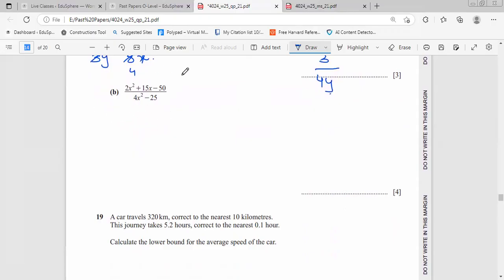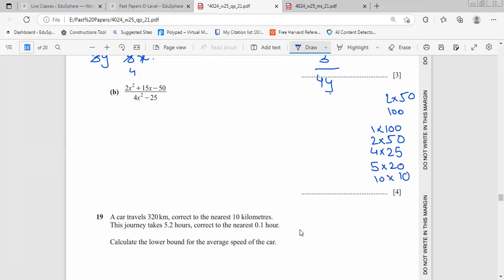So when I'm factorizing, 2 times 50 is 100, so I have to take the factors of 100. 1 times 100, 2 times 50, 4 times 25. If I divide 100 by 5, I get 5 into 20. And if I divide it by 10, 10 tens are 100.